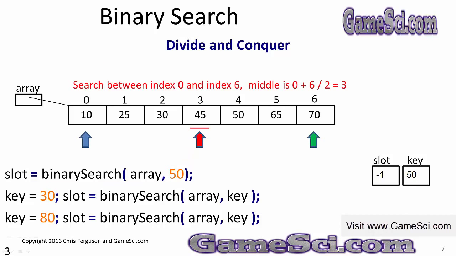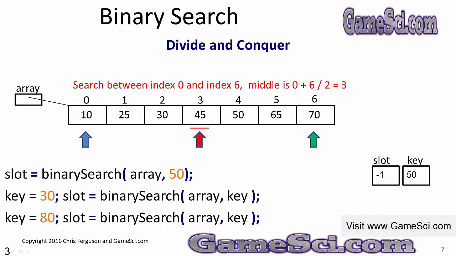Here's how binary search works. It says search between index 0, that's the blue arrow here, and index 6, that's the green arrow here. Calculate the middle of the array, which is 3, and decide by looking at this middle item which end of the array to search.